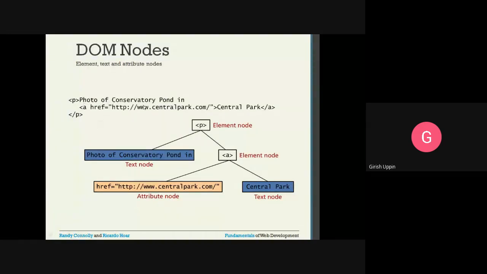So if you see, this is the content of the paragraph, photo of conservatory pond in, and also there is another content inside the anchor element, Central Park. These two form the text nodes. So this is one text node and this is the other text node. And every HTML element has a property or attribute that forms the attribute node.